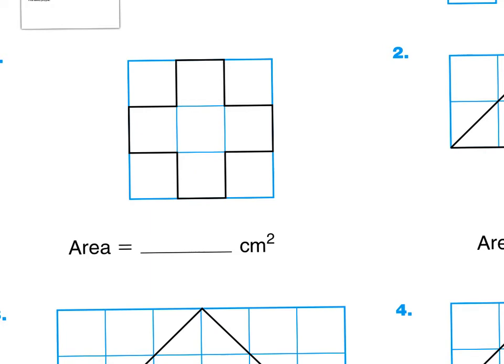Okay, these black lines that go in the middle here. These are what we want to follow, because this is just putting it on the graph paper to make it more familiar for you. But this should be pretty easy for you. You can just count 1, 2, 3, 4, 5 square centimeters, because there are 5 squares in it.